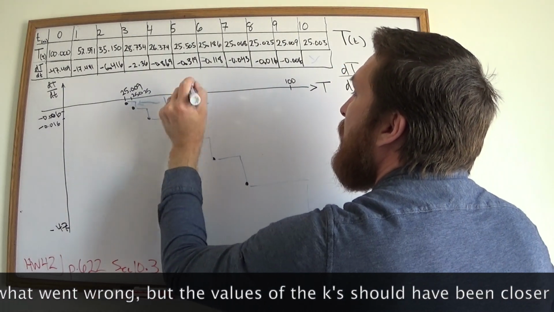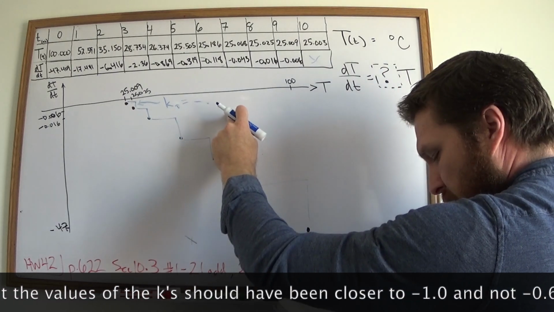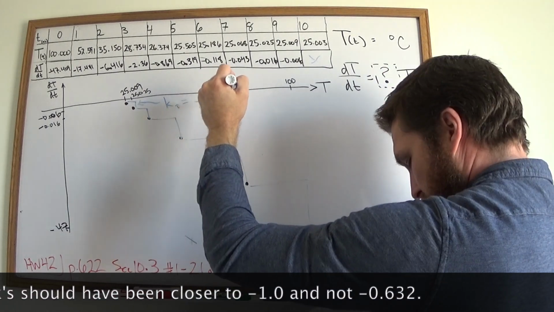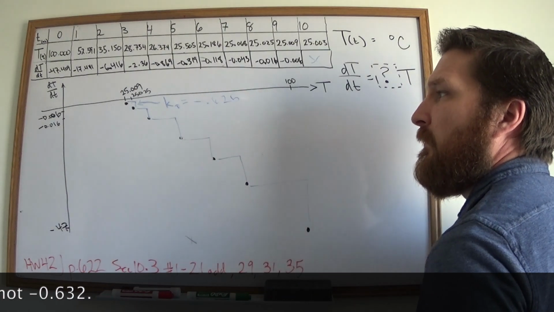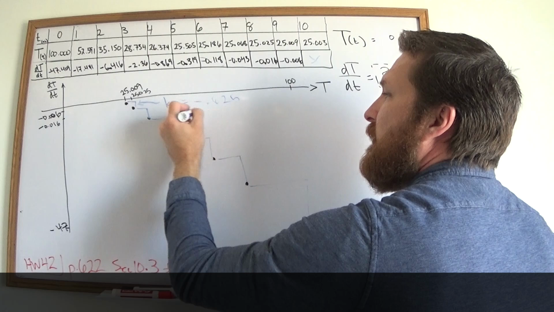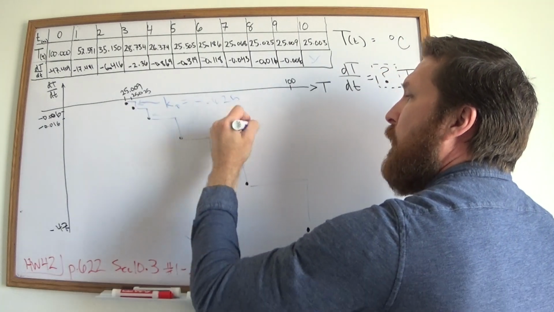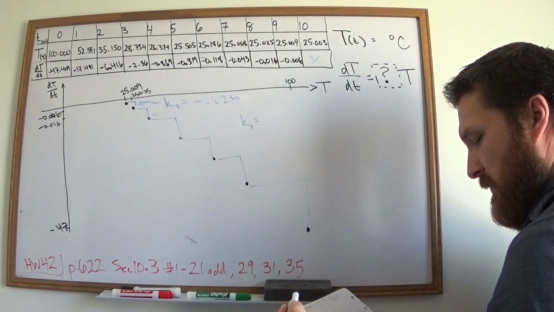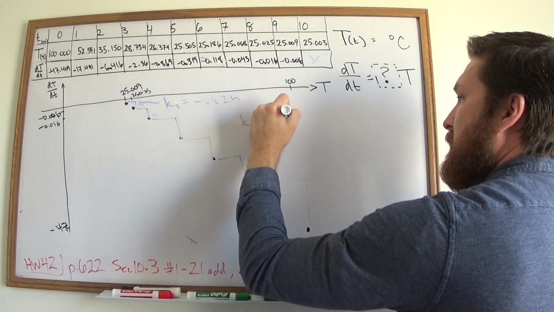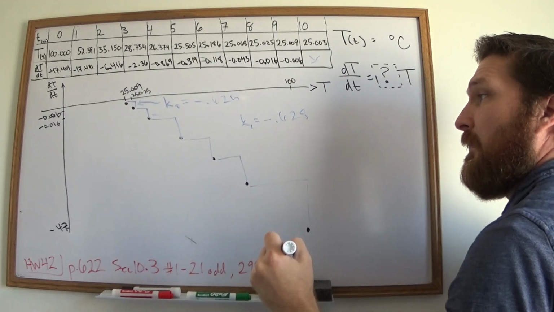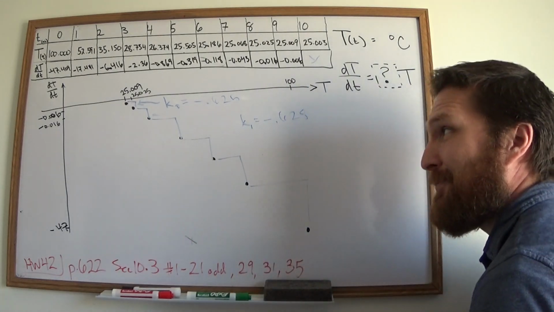What this works out to be is negative 0.625. Then you compute the next one, and we'll call it K1, and what you get is negative 0.628. Ooh, that's cool.